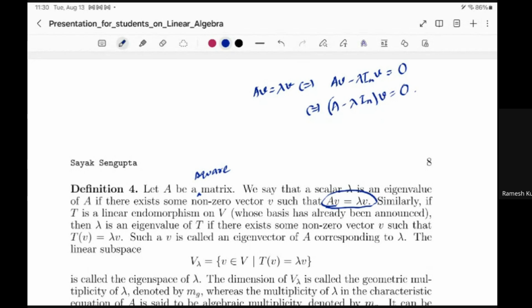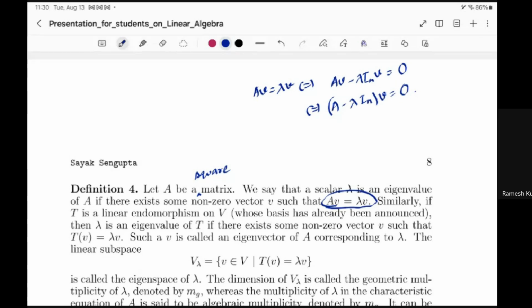What V does is it takes a linear combination of the columns of the matrix A minus lambda I_n. So what we are saying really is that the columns of the matrix A minus lambda I_n are not linearly independent, because some combination is giving you a zero vector.